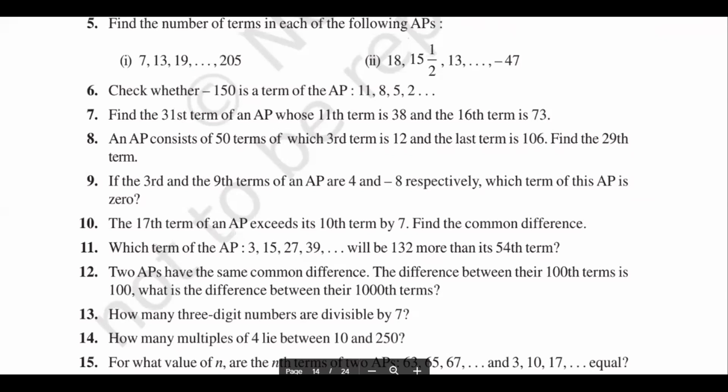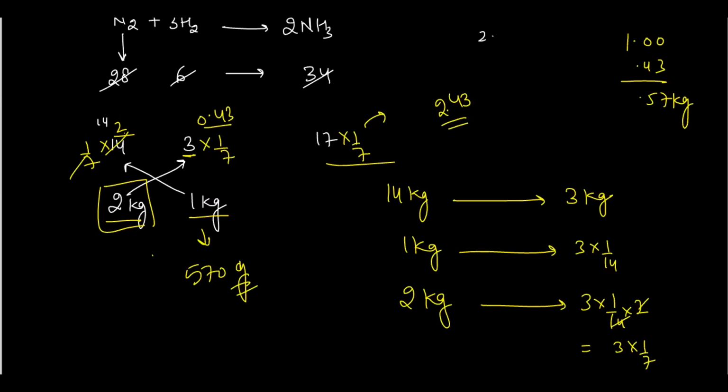Should we start physics or chemistry? Chemistry. Sir, chemistry, that atoms chapter. Okay, let's start the chemistry. So wait a minute.